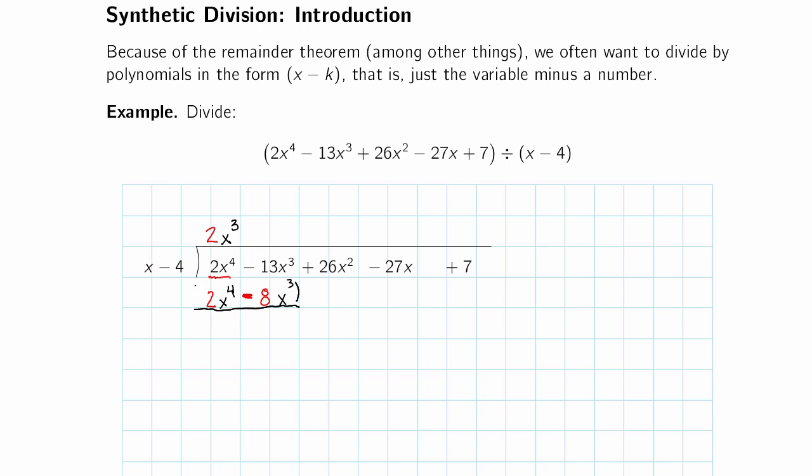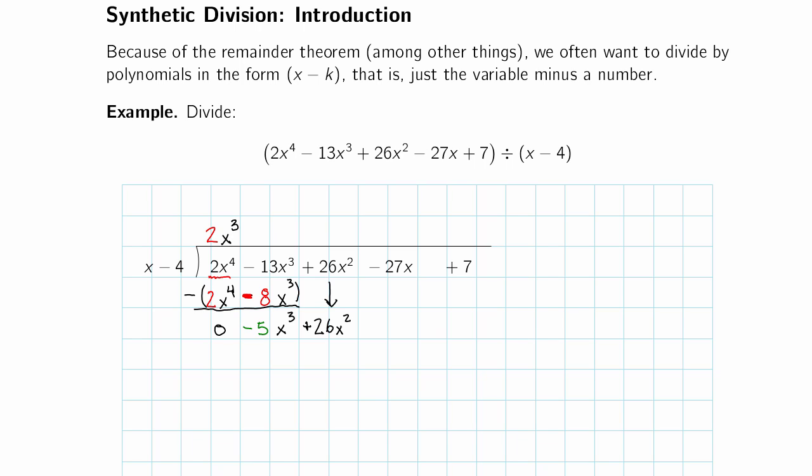And this is kind of the worst bit, because we have to keep careful track of our signs. So we have 2x to the fourth minus 2x to the fourth is 0. Negative 13 minus negative 8 is negative 5x to the third. And then we bring down the next term.